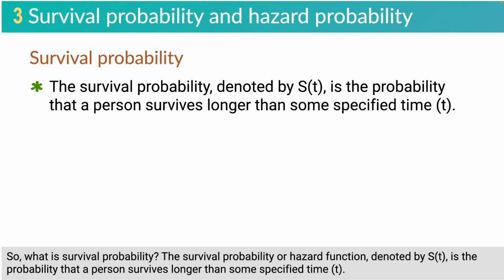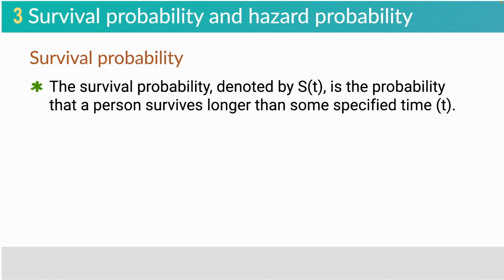So, what is survival probability? The survival probability, or survival function, denoted by S(t), is the probability that a person survives longer than some specified time.